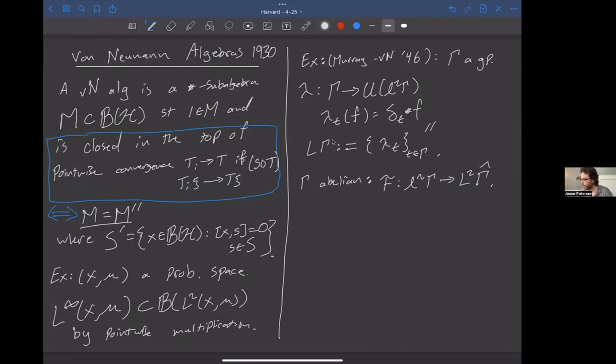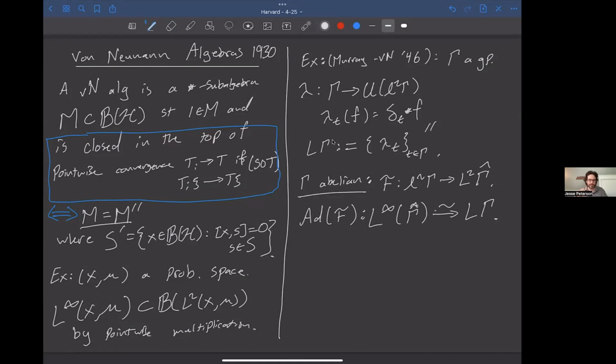And then it's again a fun exercise to see that if we take this unitary given by the Fourier transform and we conjugate this unitary, that this gives an isomorphism between L infinity of the dual group and L of the group. So this is when gamma is abelian.